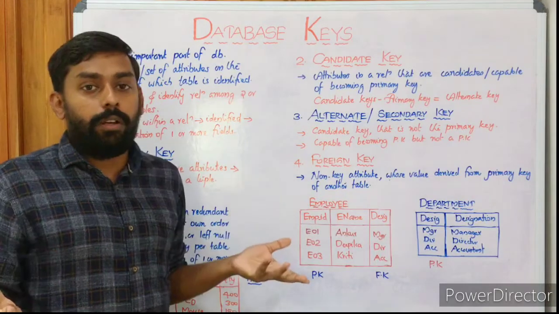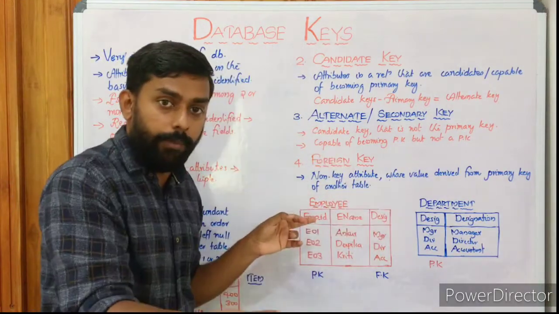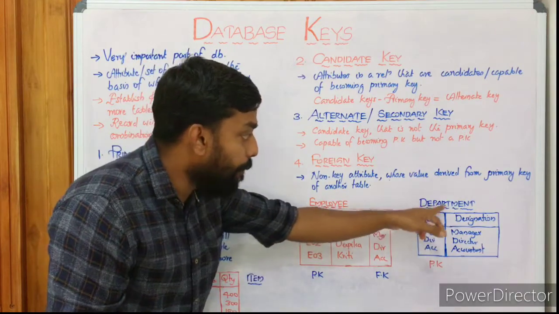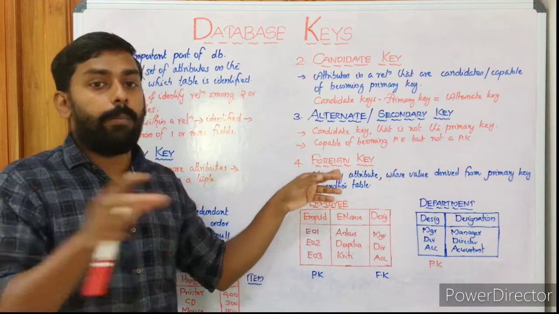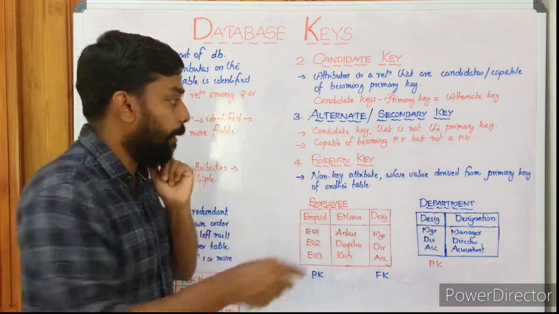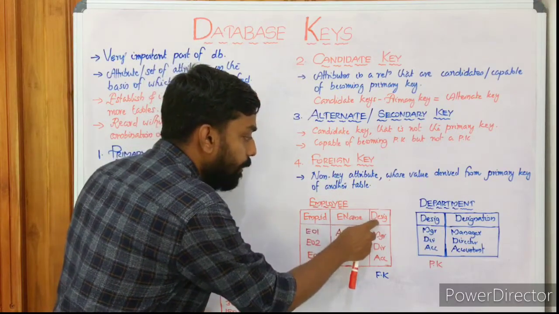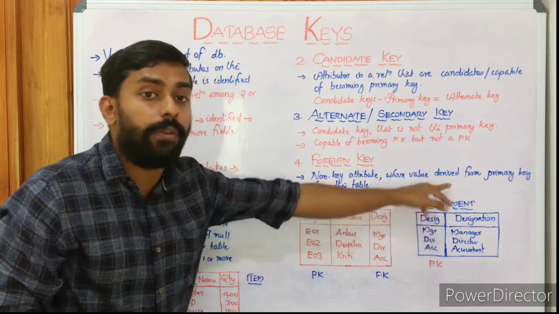Then foreign key. We know it's a foreign element. Here we can say in employee, desig is a foreign element. It's an element of department, its own element. It's a non-key attribute, not a part of a candidate key, whose value is derived from the primary key of another table. The value of this desig is derived from the primary key of another table, that is desig of department.